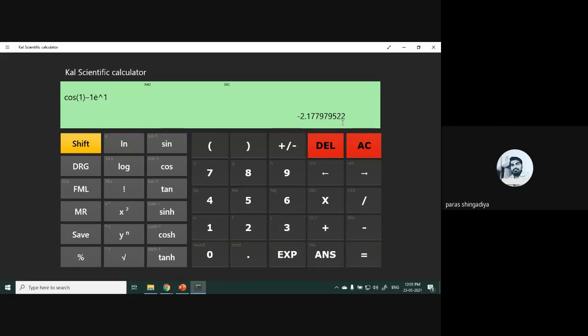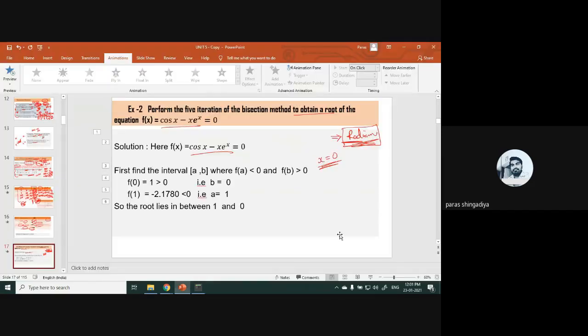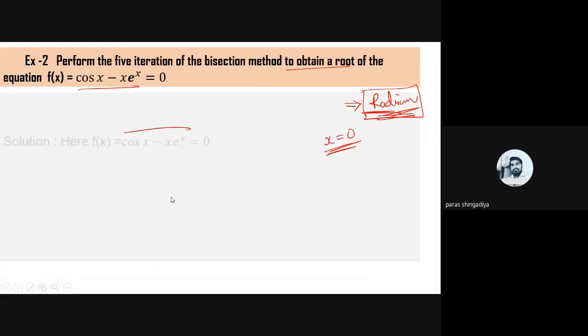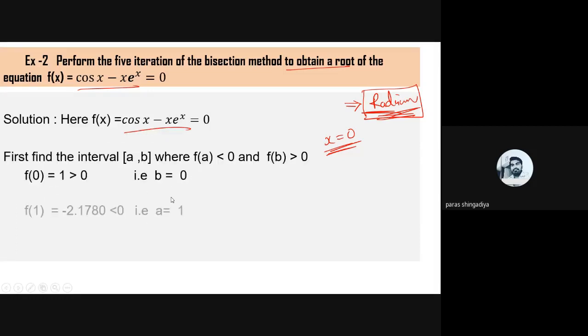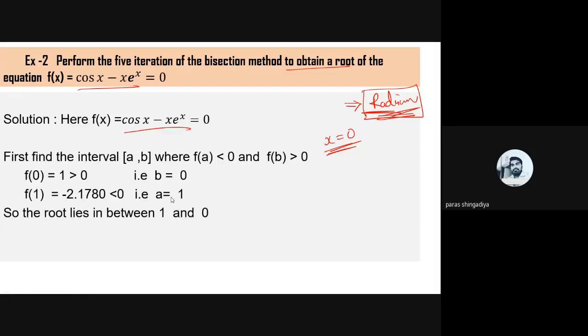This is the output of this equation at x equal to 1, and it is negative, so we can consider this value as a equal to 1. So f of 0 is 1, positive, therefore b is equal to 0. And f of 1 is minus 2.1780, so we consider it as a. So our interval is [1, 0].